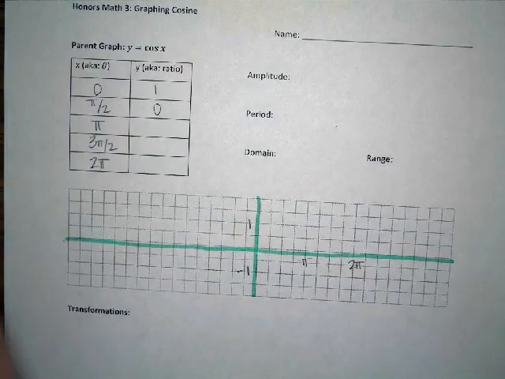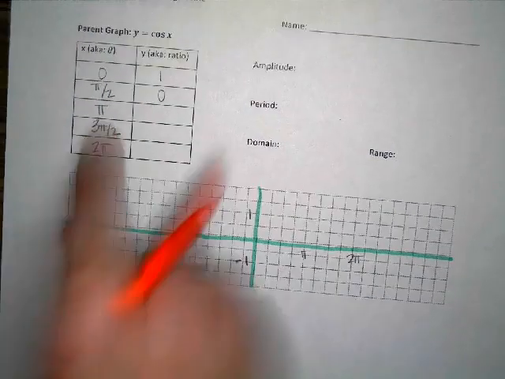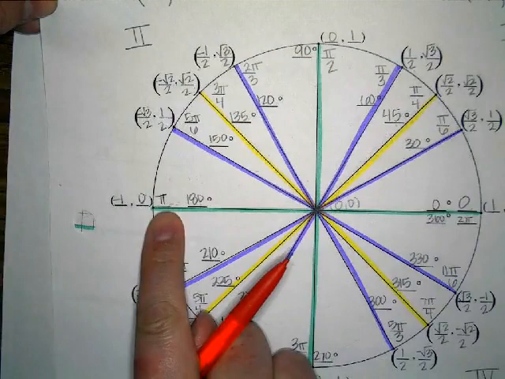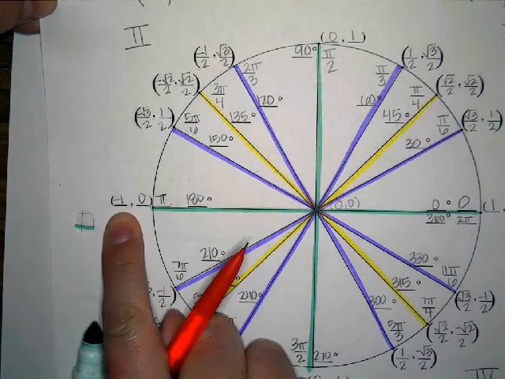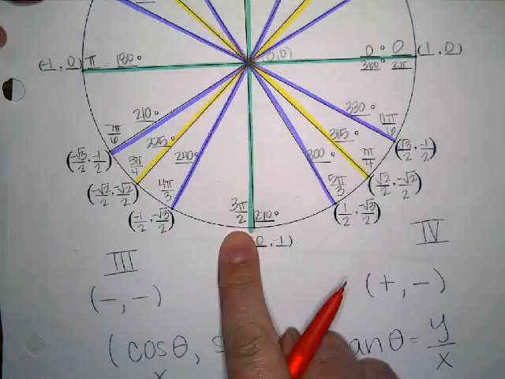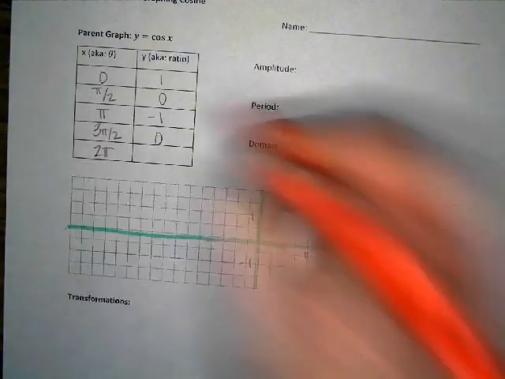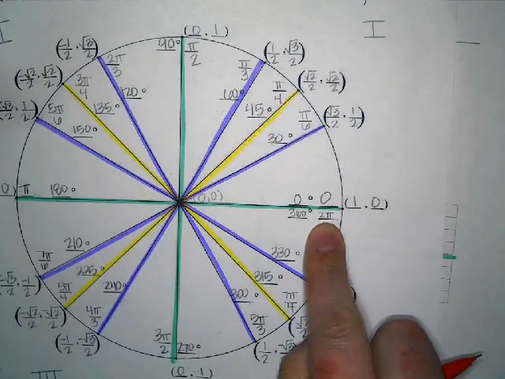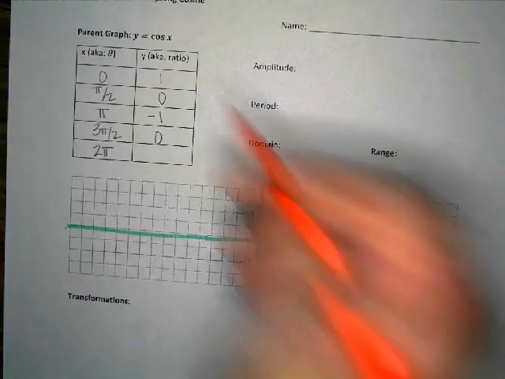Next we're going to do cos of pi. Cos of pi is -1. Cos of 3 pi halves is 0. And then cos of 2 pi is 1.